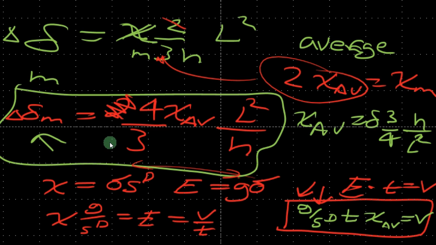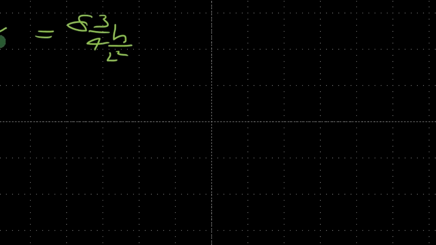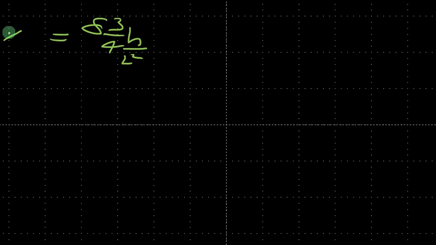If I can remember all of these parameters, that'd be great. So let's just note down the important equations. Delta equals 3/4 H over L squared. That's X average.